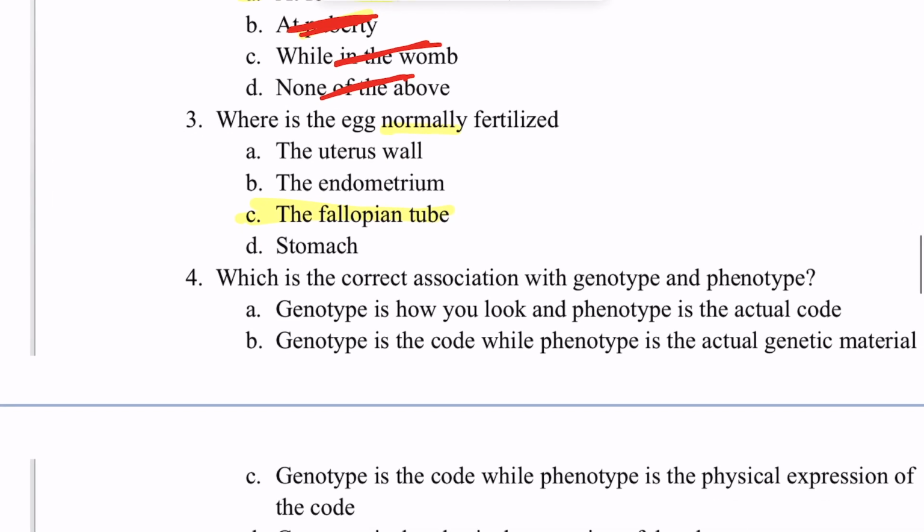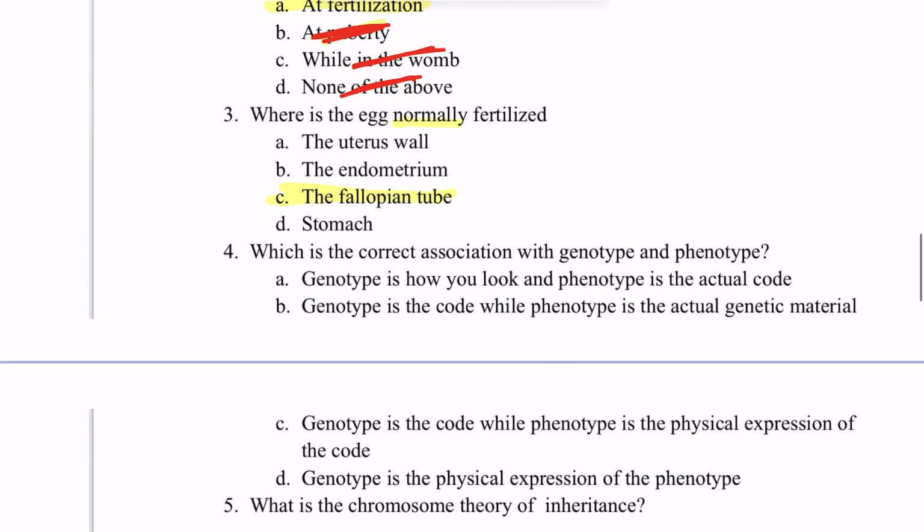Okay. Number 4. What is the correct association between genotype and phenotype? Right, so genotype is the code, so it can't be A, and it can't be D. And then phenotype is the expression of that code.